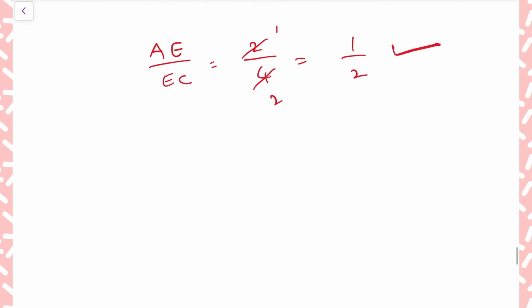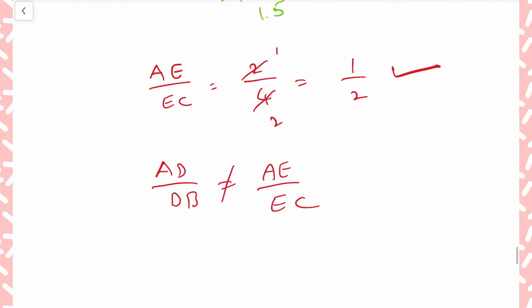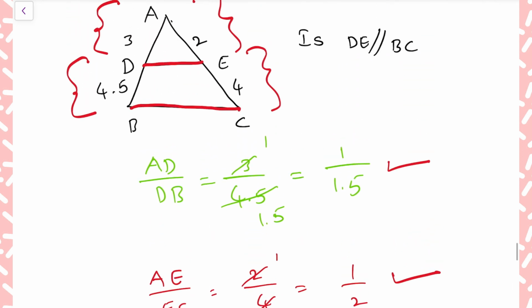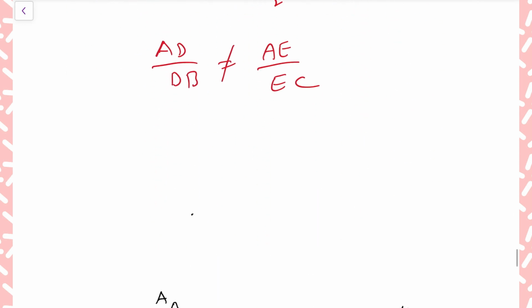So AD by DB is not equal to AE by EC. If these two ratios are not equal, then DE and BC lines are not parallel. So DE is not parallel to BC. If those ratios are the same, only then those two lines are parallel to each other.